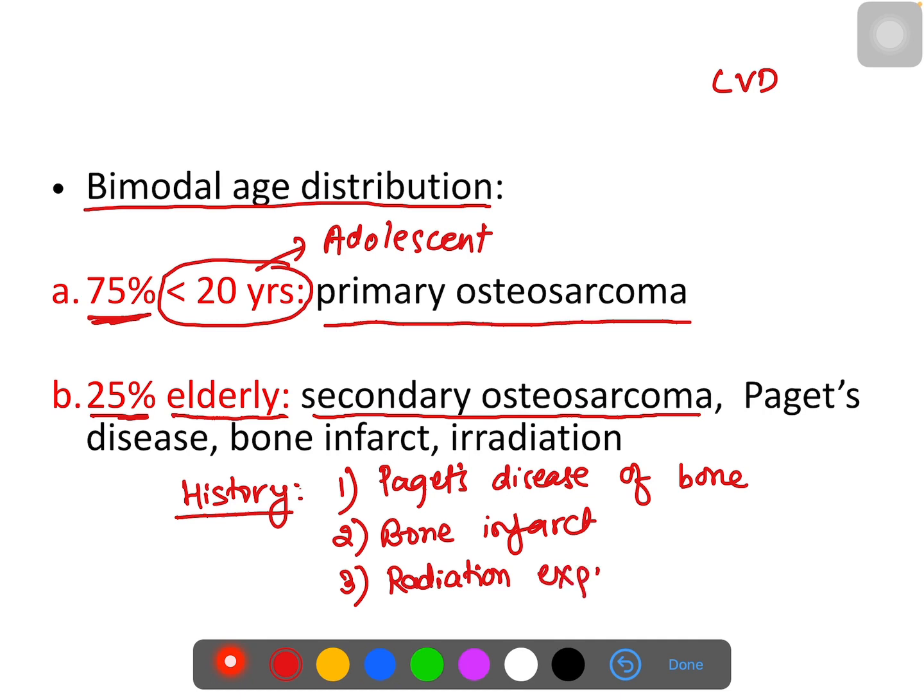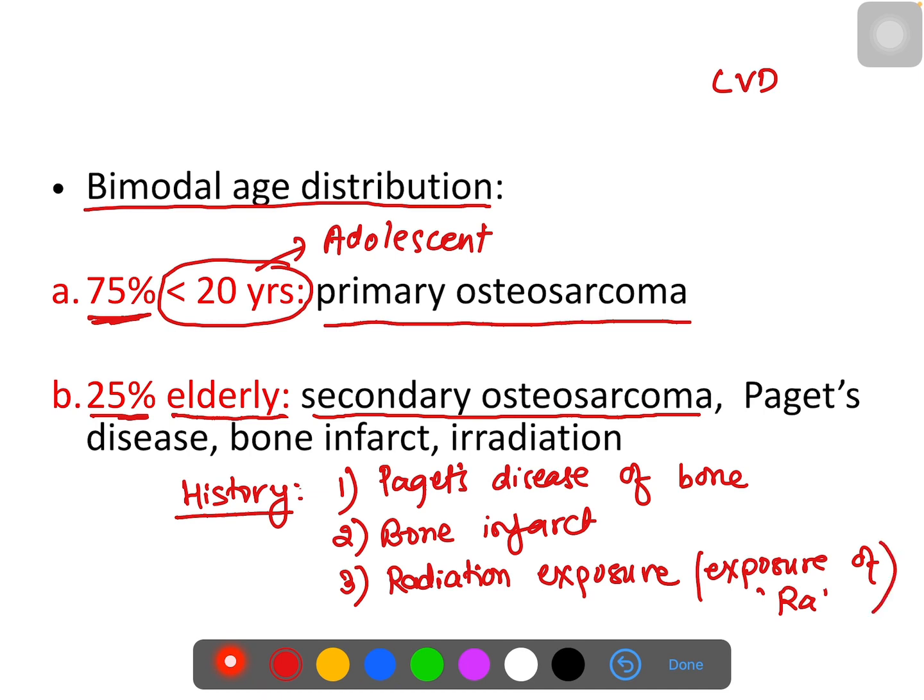Regarding radiation exposure, there was a case of osteosarcoma seen in a watch factory that manufactured watch dials, and that was due to exposure to a radioactive substance known as radium. So, exposure to radium in watch factories.